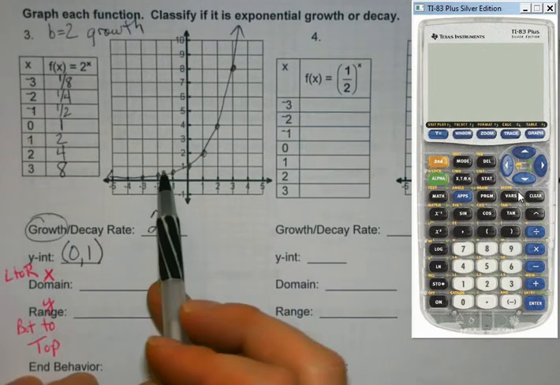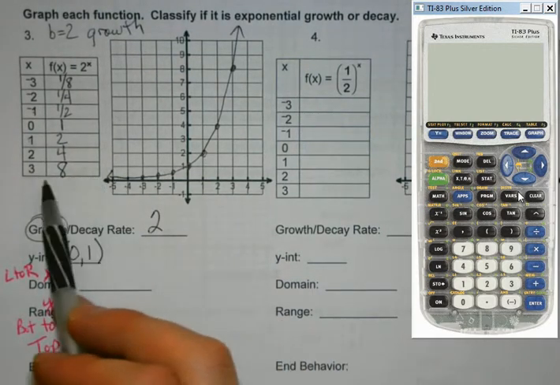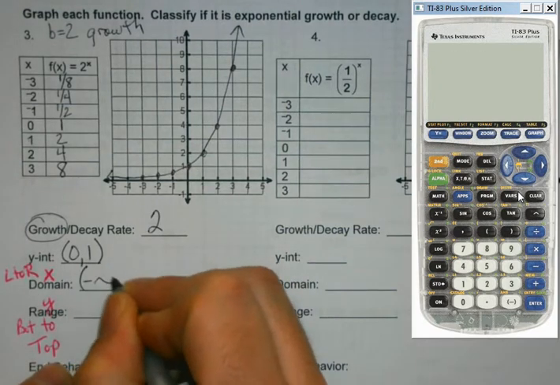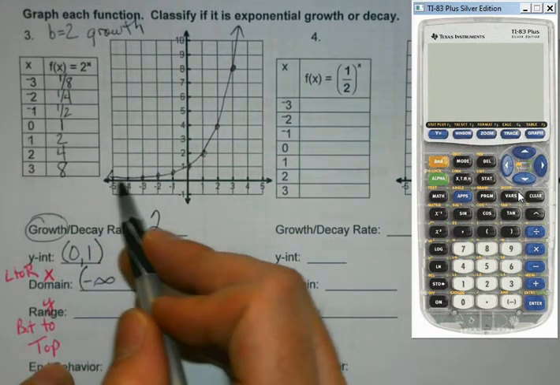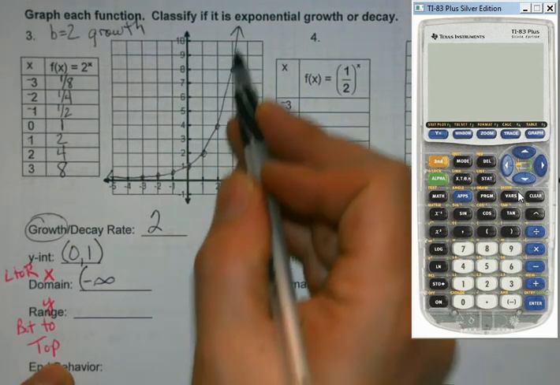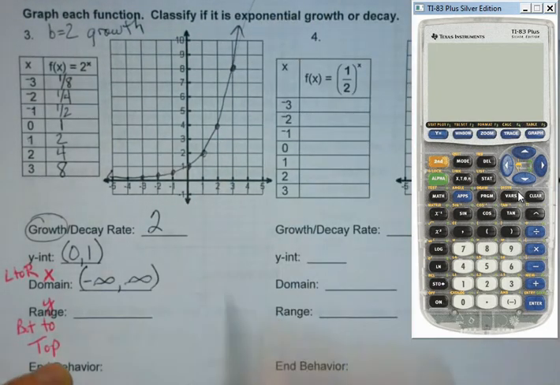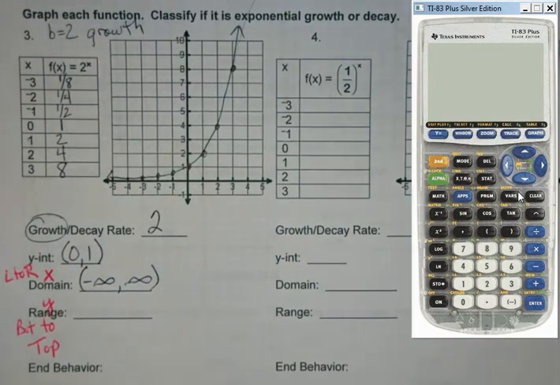It starts at negative infinity because this arrow is just going to keep going and going to the left. And right, positive infinity, because even though it keeps going up and up, it's also expanding out and out and out. Typically, more times than not, your domain with these types of functions is going to be negative infinity to infinity. Very rare case with domain that it won't be.